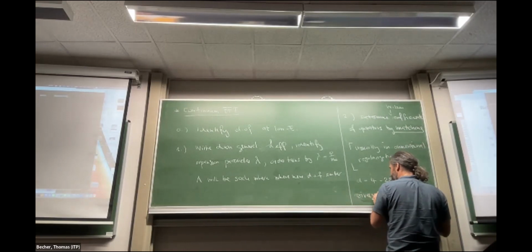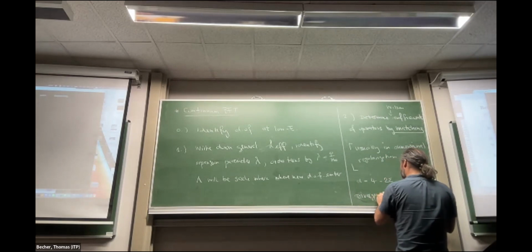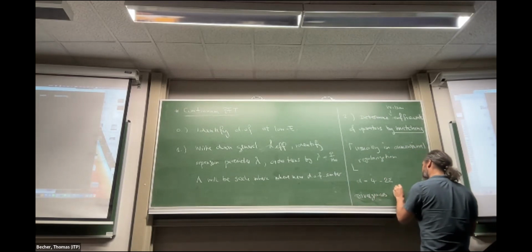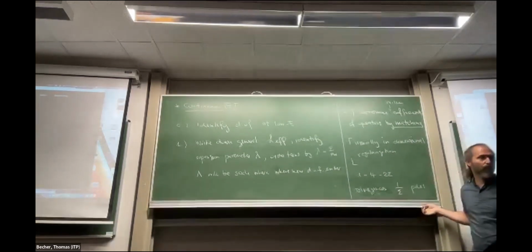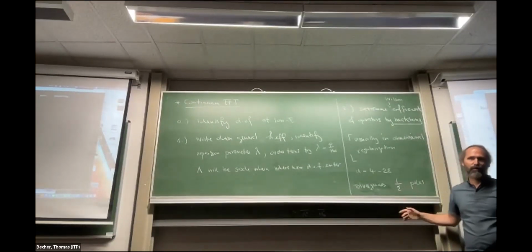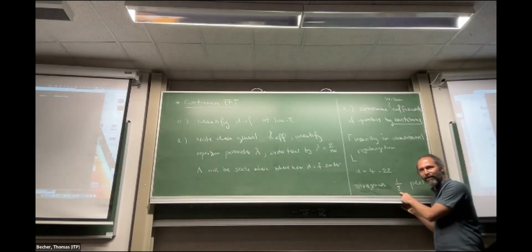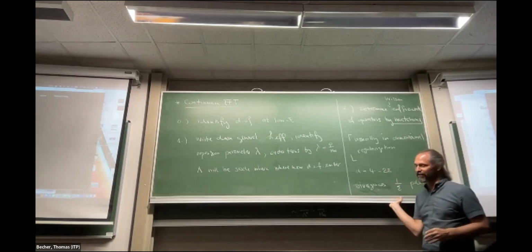So then things which simply don't exist, some integrals in 4 dimensions, they become finite, so you get 1/epsilon poles in these computations. In the third lecture, I will show you some examples. Maybe that would be a point where I could explain this dimensional regularization with an example. So you get these 1/epsilon poles. So you get finite things, but as epsilon goes to 0, as you want to go back to 4 dimensions, you start to diverge.